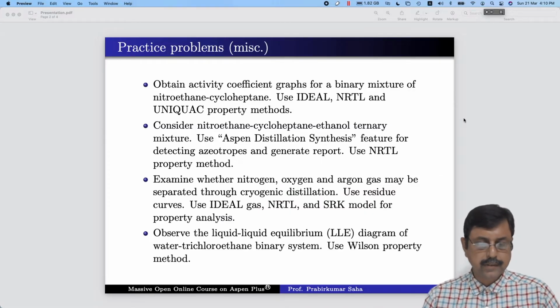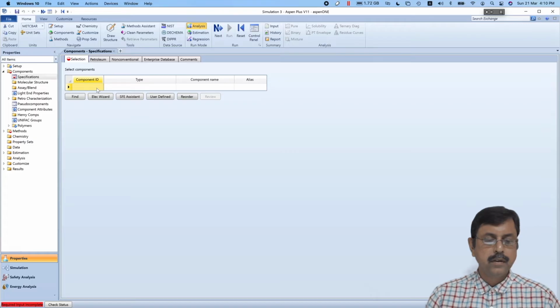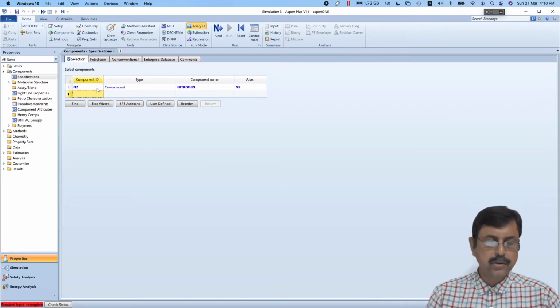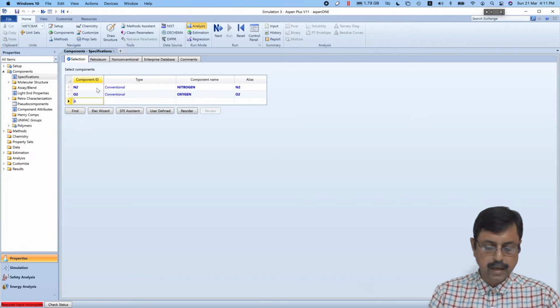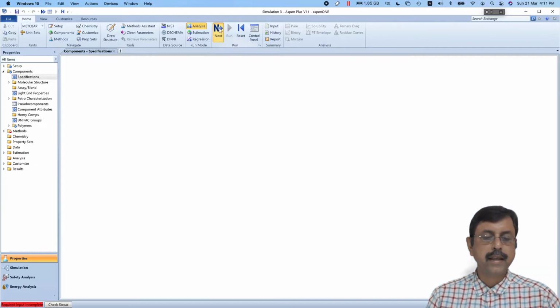So for that, let us open the Aspen simulation window. Write the components: nitrogen, oxygen, and argon. Press next.